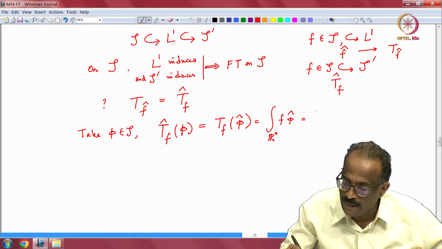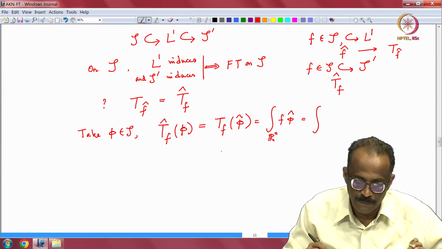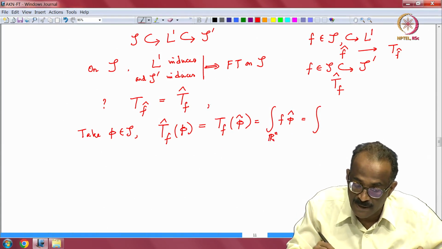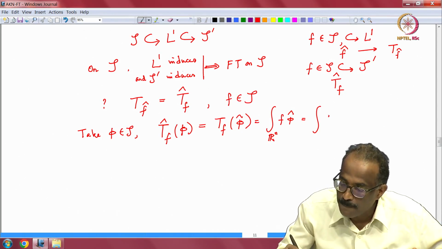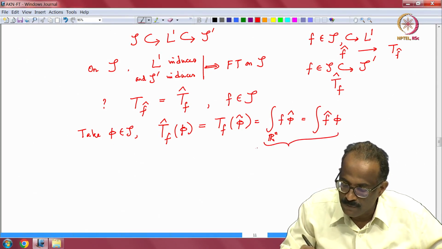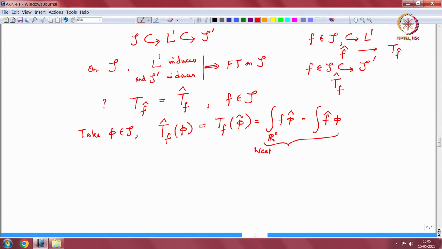Now, f is in zeta, do not forget that. When f is in zeta, this is equal to the integral of f hat phi. This is nothing but your weak Parseval relation. So, it is just an application of the weak Parseval relation.